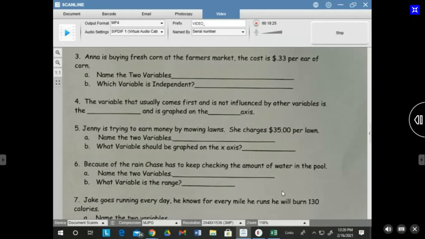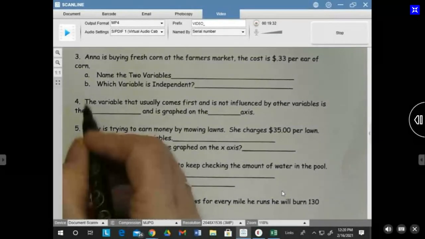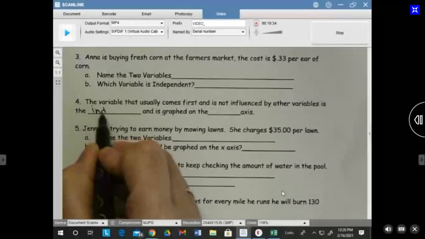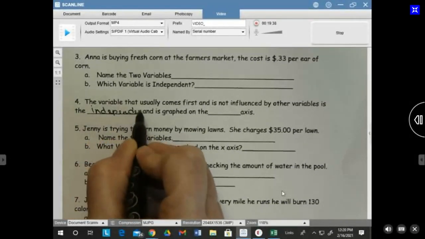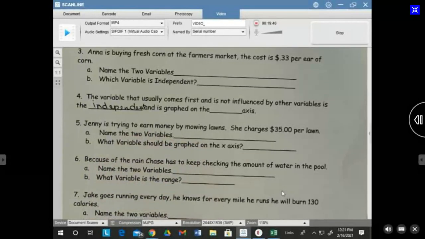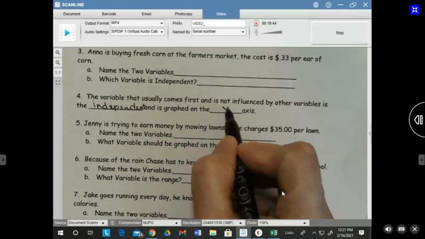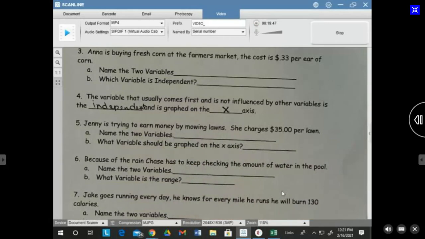What normally comes first in the situation, the independent or the dependent? Independent. And the independent is going to be graphed on my... Is the independent the y or the x? So it would be graphed on the x axis.